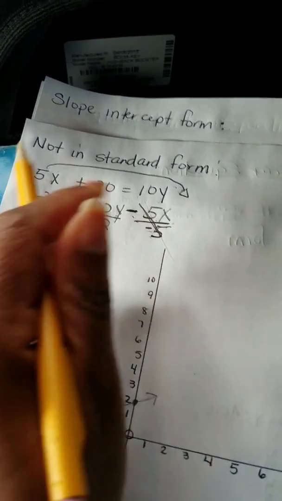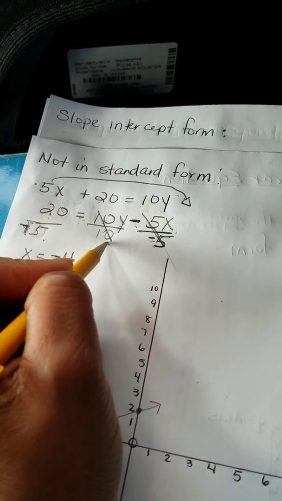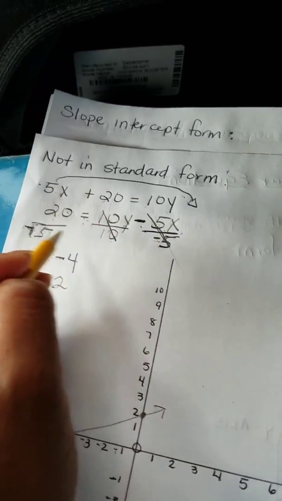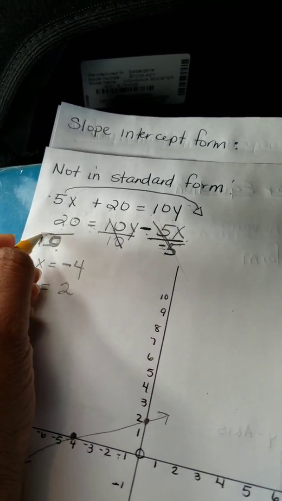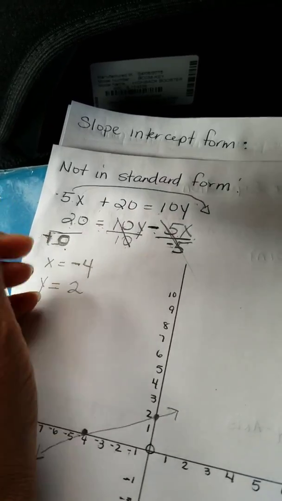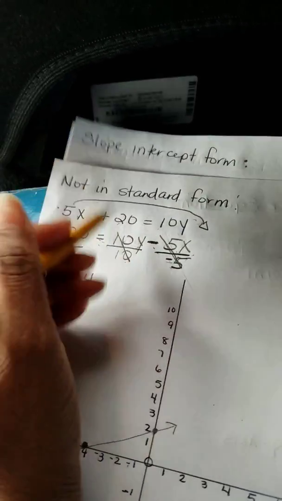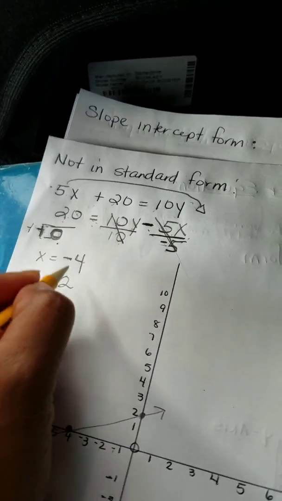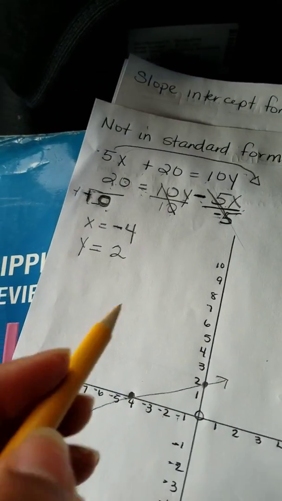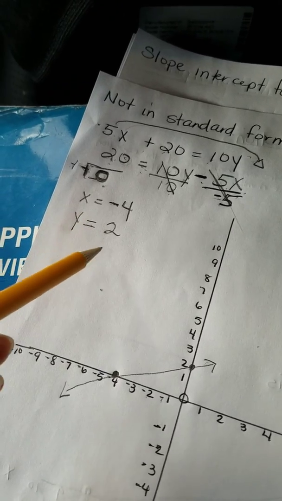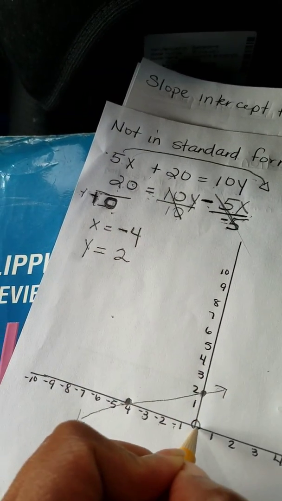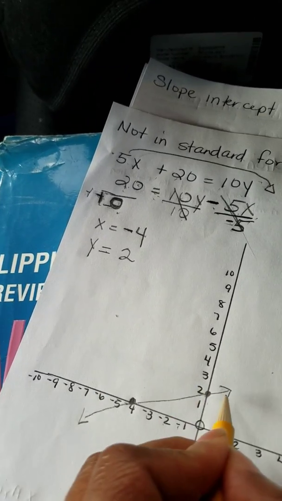So I canceled out the 10, leaving me with just y. I put 10 on this side. It's not going to be a negative, it will be a positive because this is positive. How many 10s go into 20? It's 2. So now I'm going to plot the 2 on the y-axis, and it's positive, so I go up 1, 2.